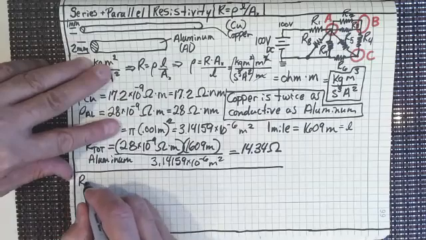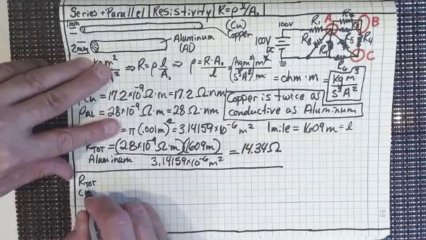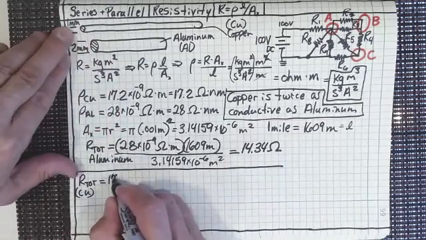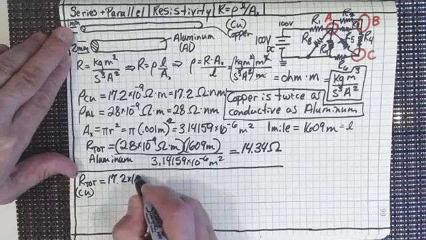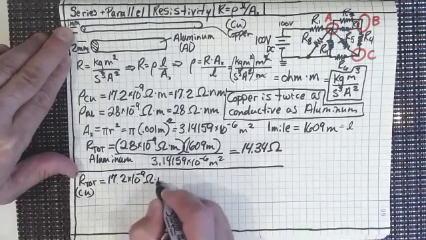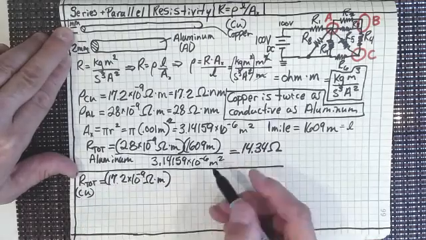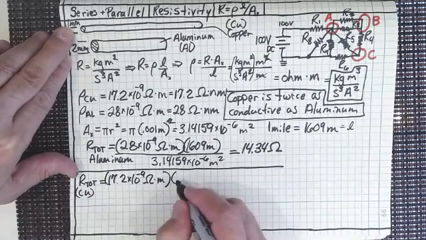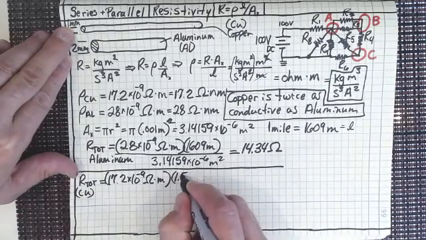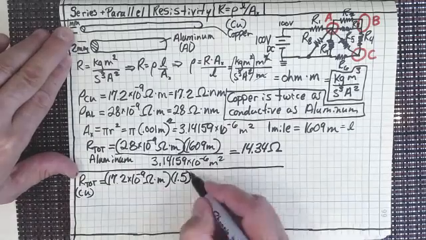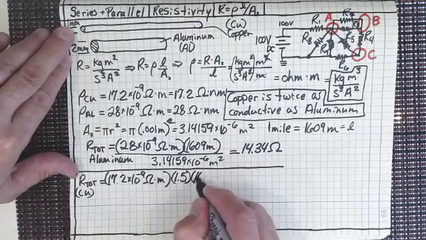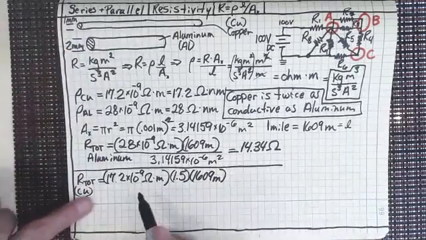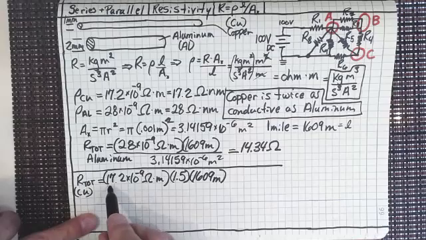So the total for the copper, right, is going to be 17.2 times 10 to the minus 9 ohm meters, right? Times the length. And didn't we say that it was going to be 1.5 miles long? So I'm going to put 1.5 in there, and then I'm still going to put in the number of meters in a mile. Why multiply it out? Why not just put 1.5 times the meters in a mile?